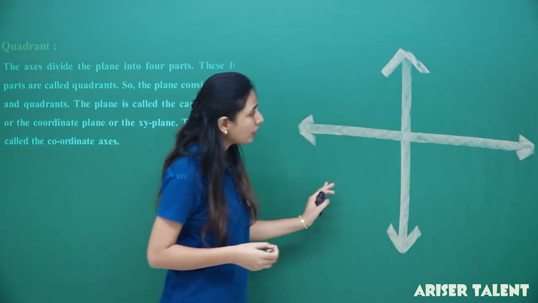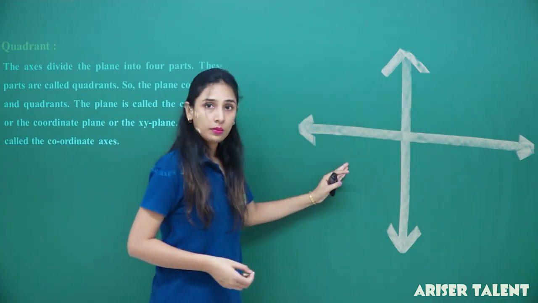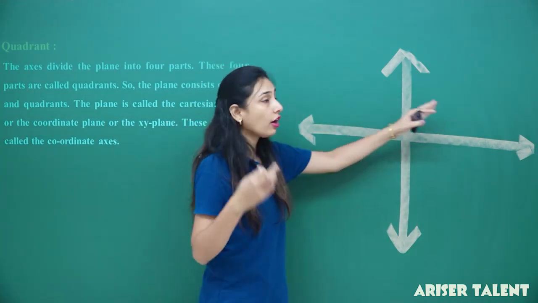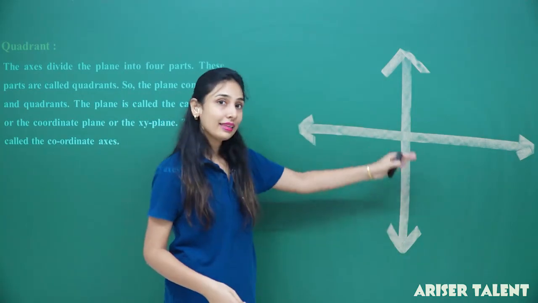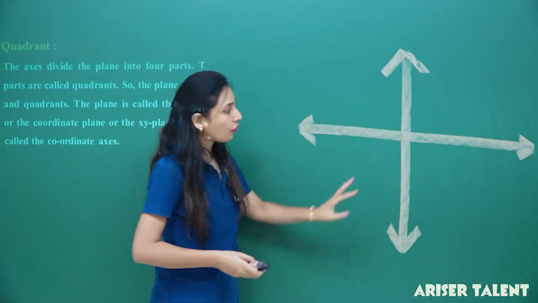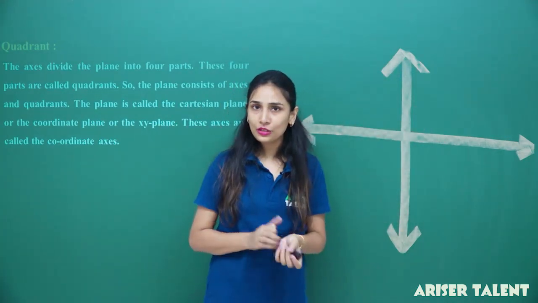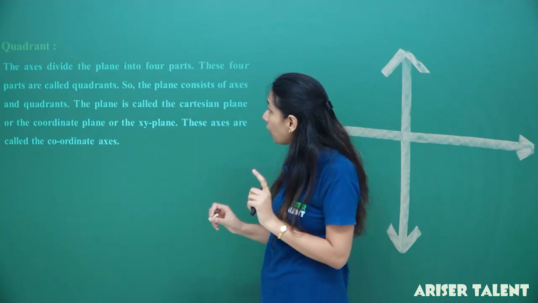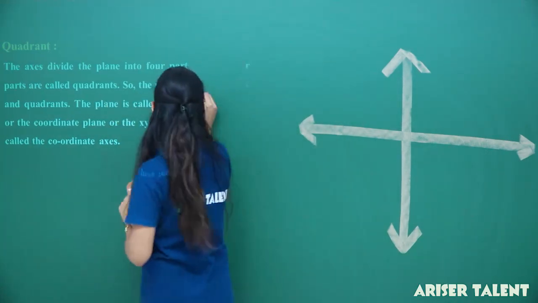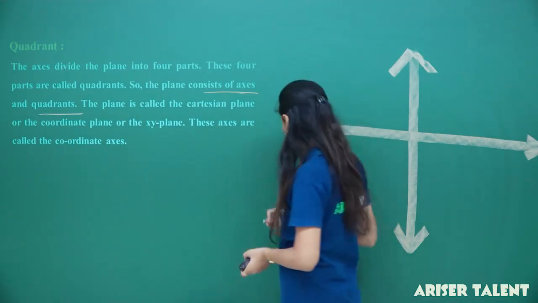If this is a plane, these are the 4 parts. These are the quadrants and the axis. This particular plane consists of only the quadrants and the coordinate axis. So the plane consists of the axis and coordinate axis, these are the x axis and y axis.